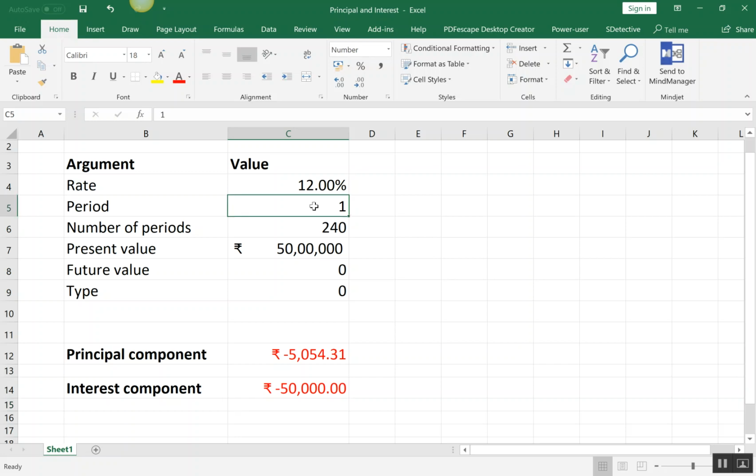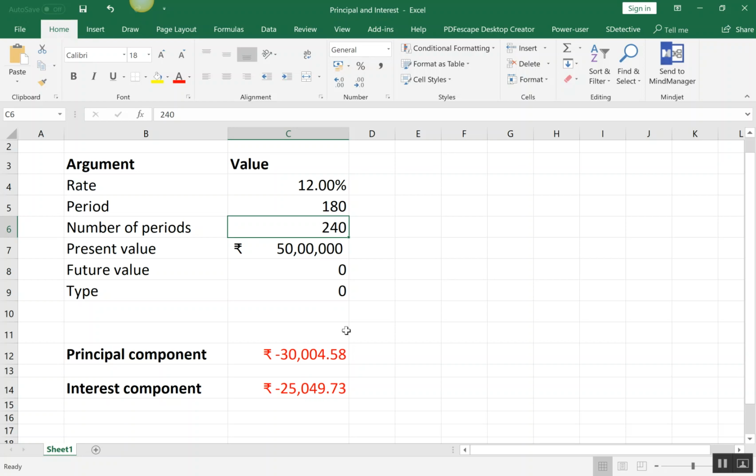So let us understand how the payment structure gets to be different, say around 120 periods, let's say around a 10 year span of time. As we see, the principal component has increased a lot, whereas the interest component has decreased. What happens at say 180 periods, that's over 15 years, we see that the principal component has surpassed the interest component.